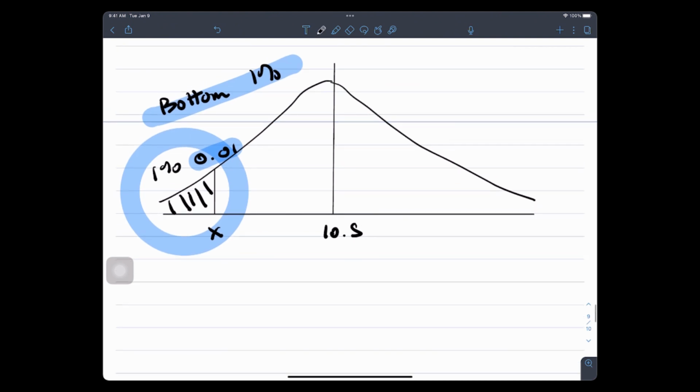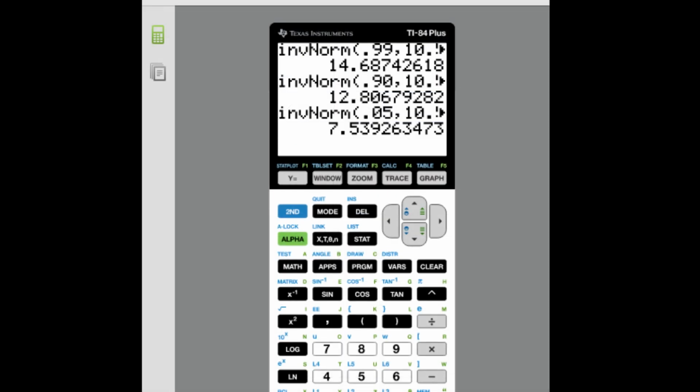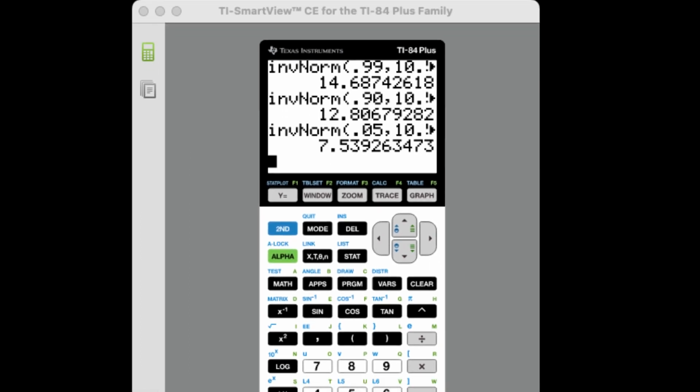Okay, so what would you guys do? Notice for the bottom, it doesn't matter. We can use the regular or the other one, because the default for the bottom is the same. Choose your poison.